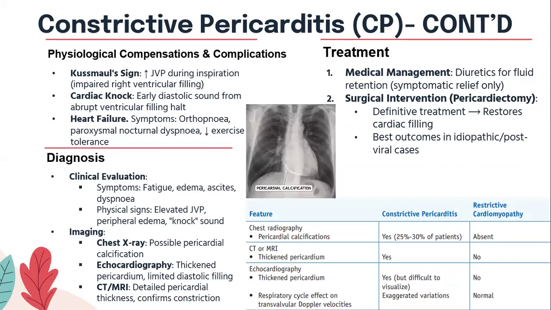So let's look at the physiological compensations and complications. The first one is Kussmaul's sign. Unlike normal physiology, where the jugular venous pressure decreases during inspiration, in CP the rigid pericardium prevents adequate right ventricular filling during inspiration.